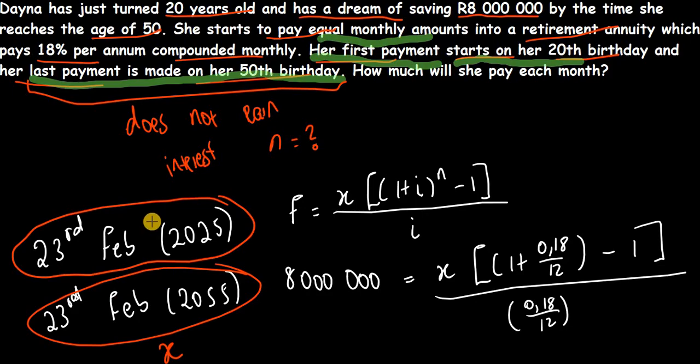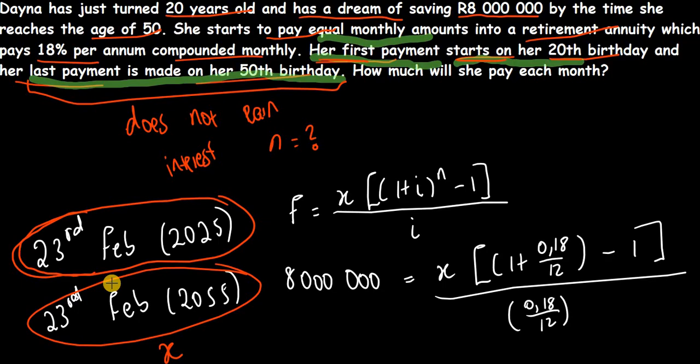Listen carefully to the words: her first payment starts on her 20th birthday, which means it started immediately on the 23rd of February 2025, until the 23rd of February 2055.